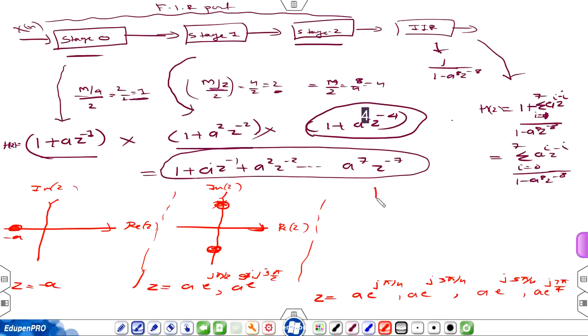This can also be drawn very easily. So the locations will be somewhere at these points.